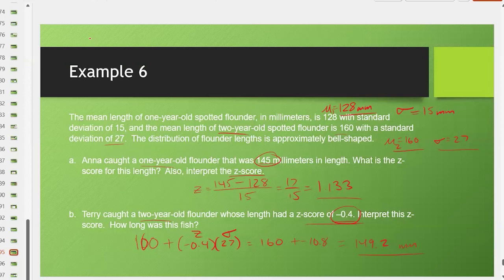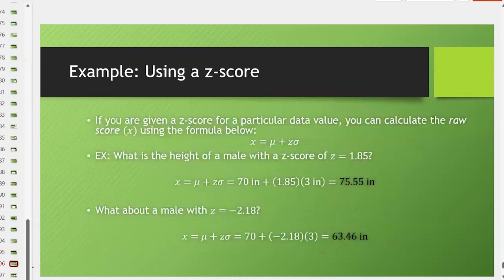And so that z-score is giving us a position relative to where the mean is, as opposed to just a position relative to the other data like we talked about in the last lesson or the last video. But if we want to calculate the raw score like you saw in that last example, we want to know the height of a male with a z-score of 1.85.